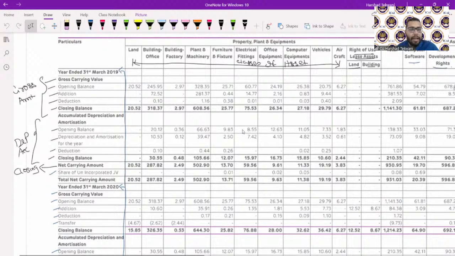Year end 31st March 2019: gross carrying value, opening balance, additions, deductions, closing balance, then accumulated depreciation and amortization. For that, opening balance, depreciation and amortization for the year, deductions and closing balance.